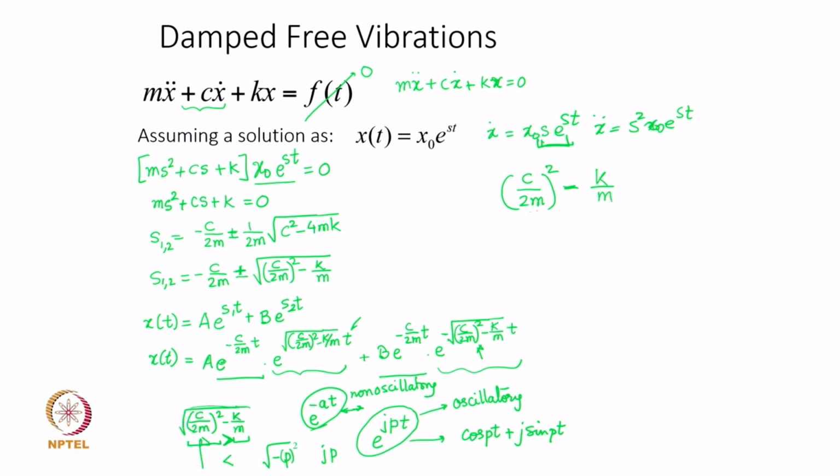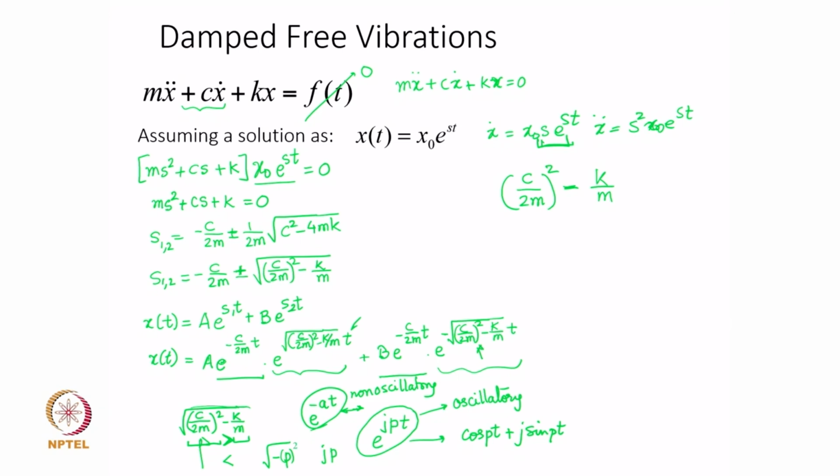It all will depend upon whether this entire term will be positive or negative. If it is negative, the solution will turn oscillatory, there will be harmonic terms like cosine and sine, whereas if it is positive, you will have a simple exponentially changing term, or it's non-oscillatory.